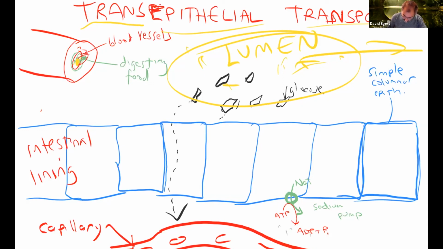So it's making sure that there's more sodium outside than inside, and there's low sodium inside. There's not as much sodium in the cell because we're actively pumping it out. What do I call that kind of active transport if I'm using ATP to pump things? Primary active transport. Exactly. So this is going to be an example here. This is primary active transport.